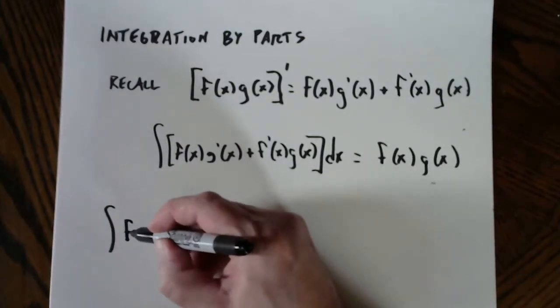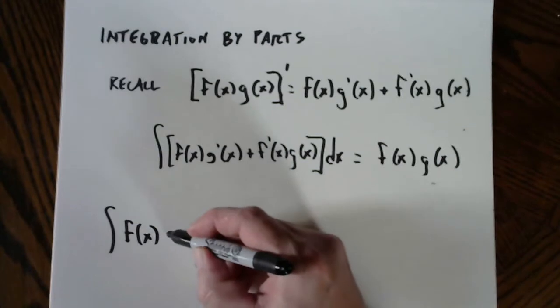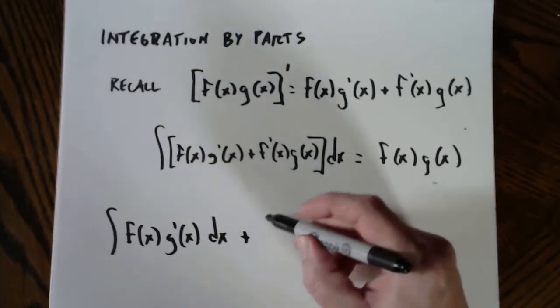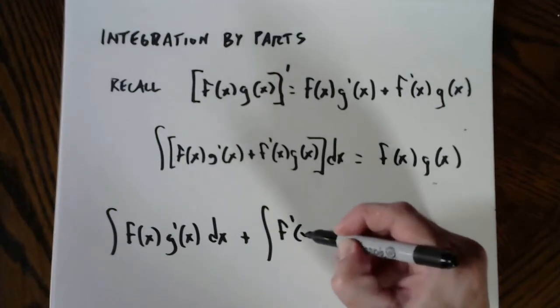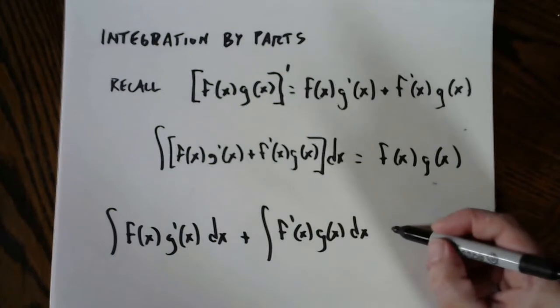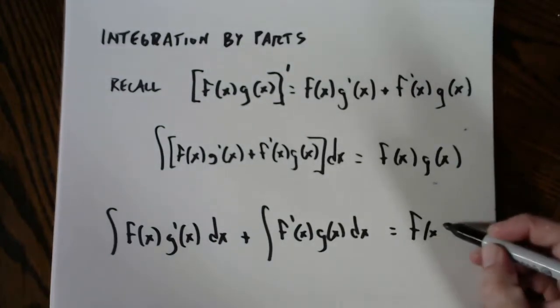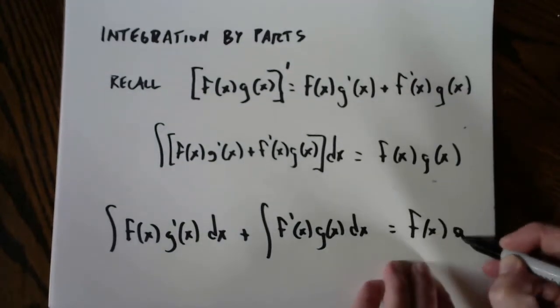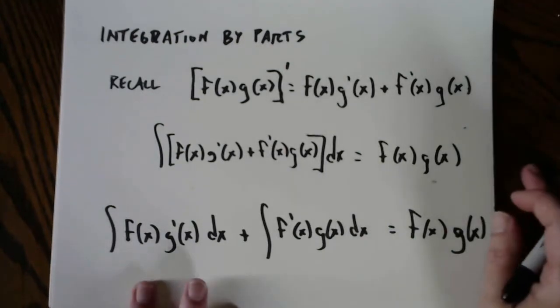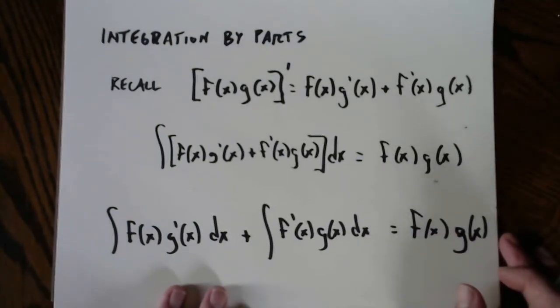F g prime, F prime. Hope I don't run out of room. We're good? Okay, so what have I done so far? All I've done is rearrange my product rule from Calc 1. I'm going to rearrange it more, on the next page, though, but I'm going to tell you what I'm going to do here.